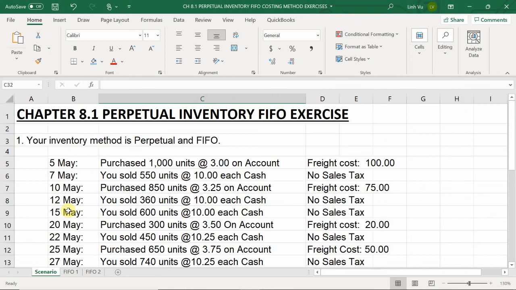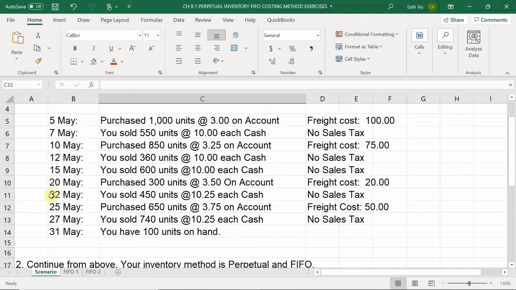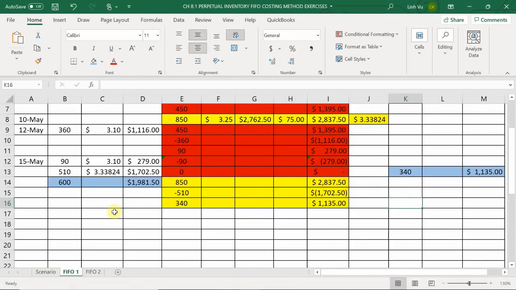So then it is now May 20th, right? We end up purchasing 300 units at $3.50 with a freight costing $20. It is May 20th.